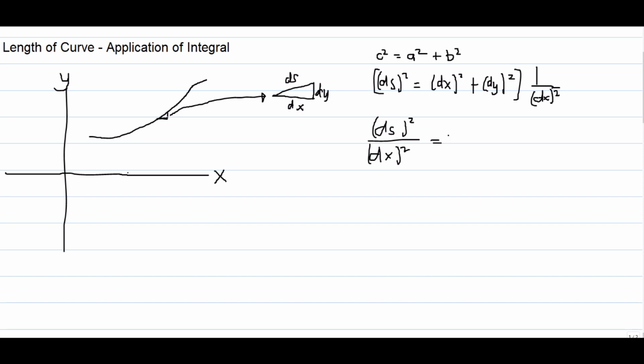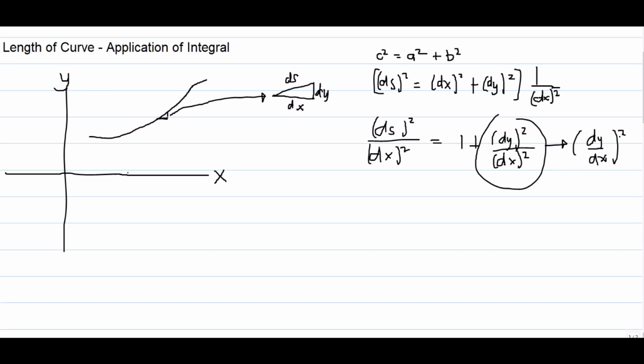That would be equal to 1, plus the quantity of dy squared over the quantity of dx squared. So in this case, this would be equal to the quantity of dy over dx, squared.